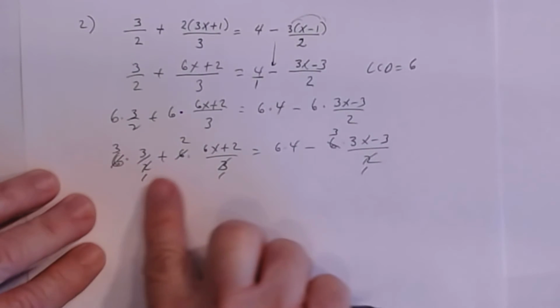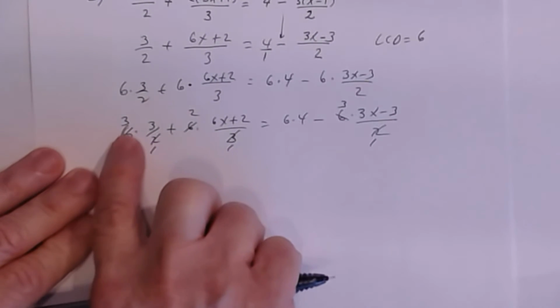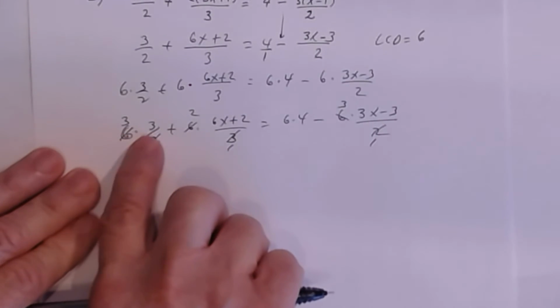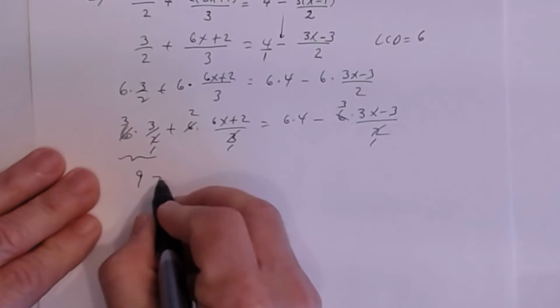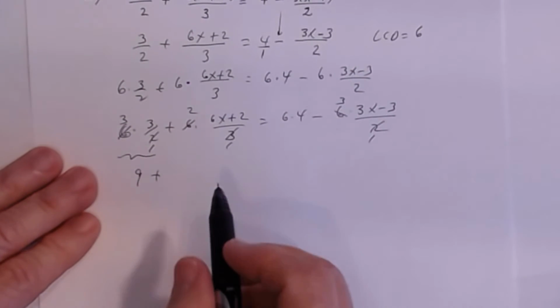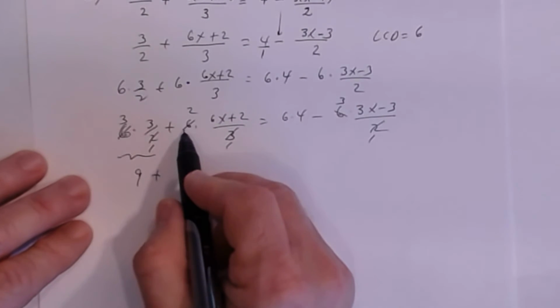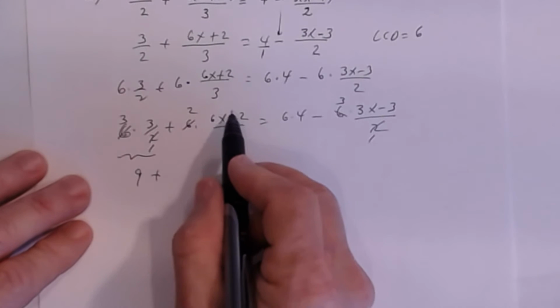So I'm going to go ahead and rewrite this over to make it look a little bit better. So 3 times 3, so that's 3 over 1. 3 times 3 is 9, so that's easy to write. So I'm going to write this as 9 right now, plus, over here, I'm going to write it this way for right now. See this 2? It's being multiplied by this expression, okay?